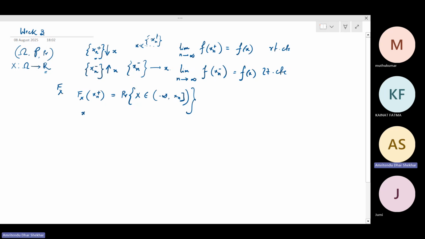Because xn plus tends to x, this set, X belonging to minus infinity comma xn plus, converges to this set.